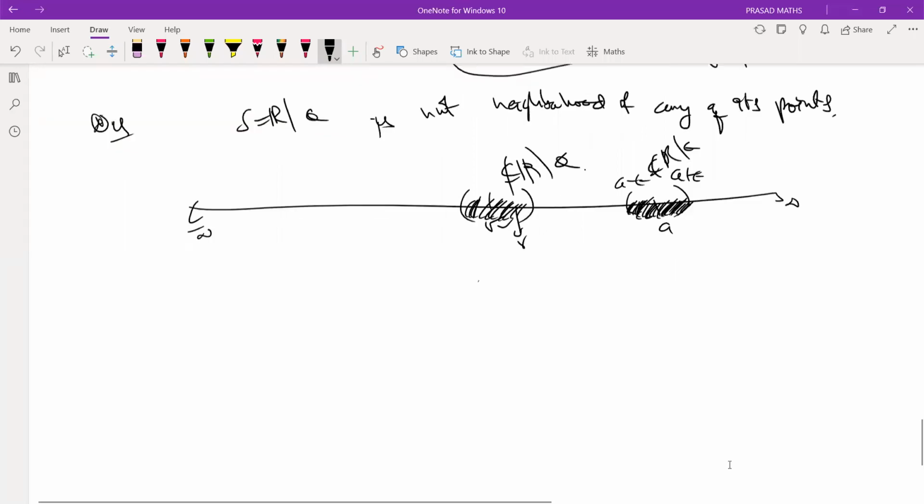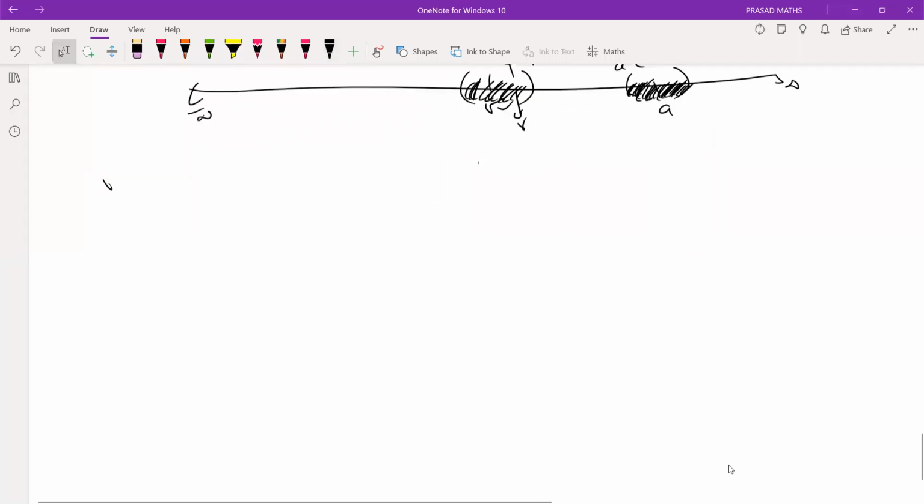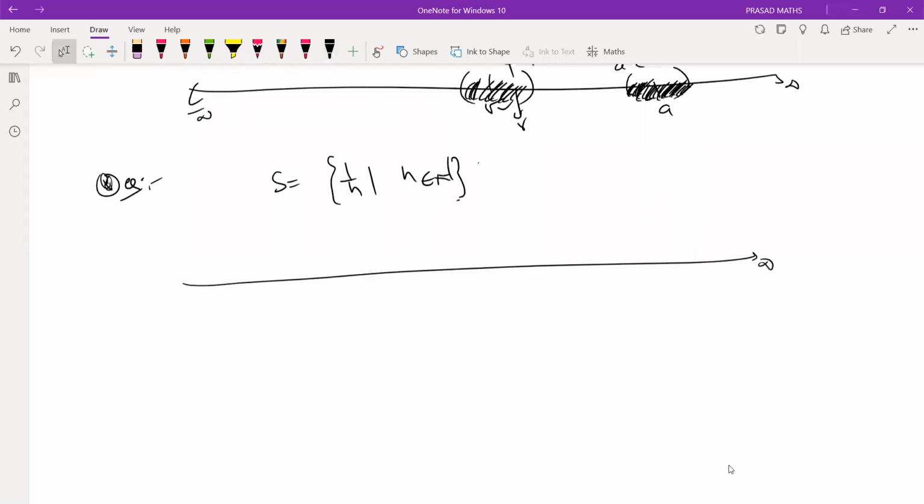Suppose you take this set S: 1, 1 by 2, 1 by 3, and so on. Is it a neighborhood of this point? Suppose you take any number A which is bigger than 1. Is the set a neighborhood of A? No, right?